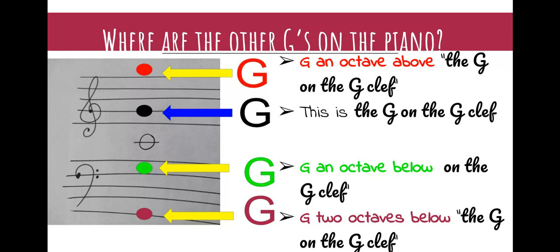So if you look at the pattern, it's almost like they've just moved down one. In the treble clef, you've got the G coloured black sitting on the second ledger line. Well, if you look at the bass clef, you've got the G coloured in purple sitting on the first ledger line. So it's jumped down from the second ledger line to the first ledger line.